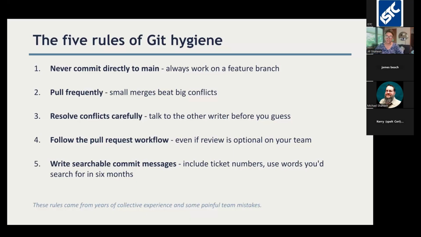As far as managing your own work and your own branches, that's why it's really important to have descriptive branch names and to delete your branches after you've merged them to main. And that will reduce the number of branches that you are juggling at a time.